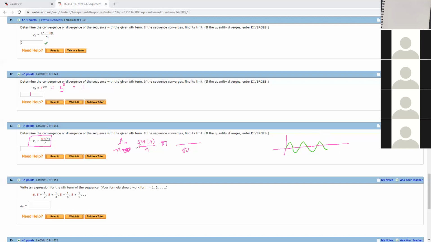Anyway, I was only supposed to write dots, because this is a sequence. But we do know the sine graph goes up and down forever. Is it getting closer and closer to any single finite number, or does it just keep oscillating forever? It just keeps oscillating. So here we can write oscillating.